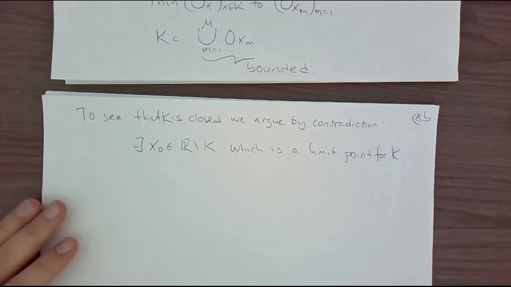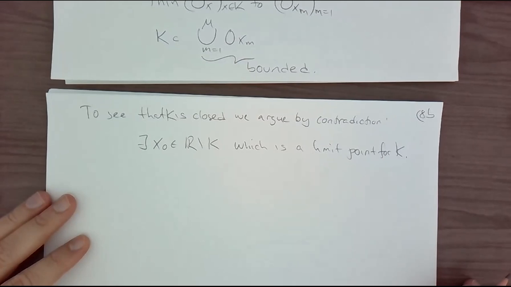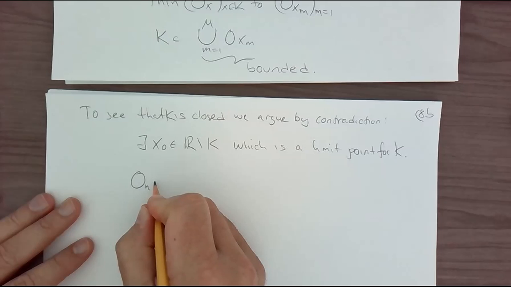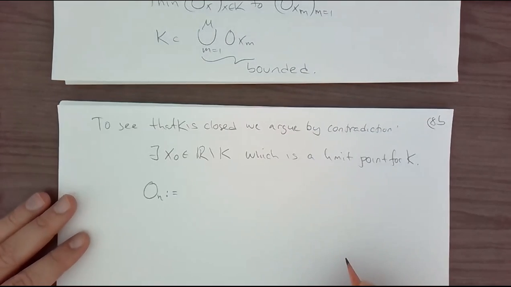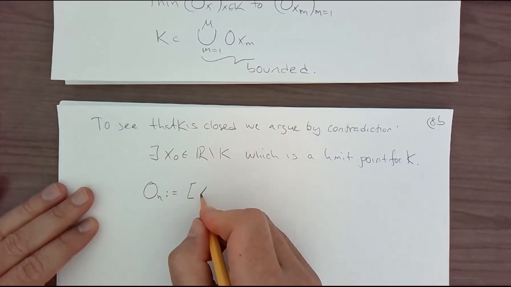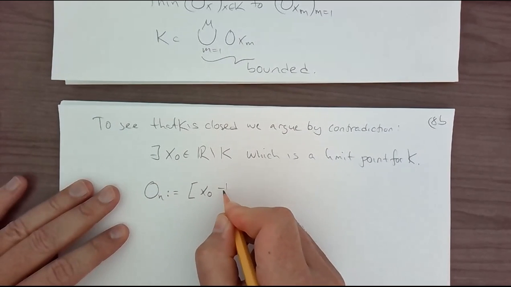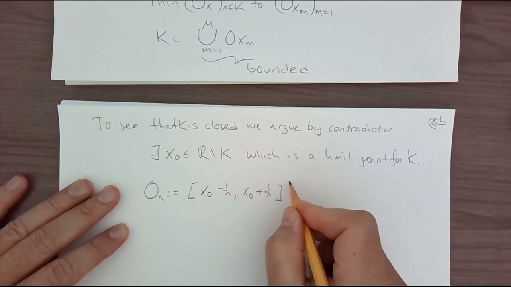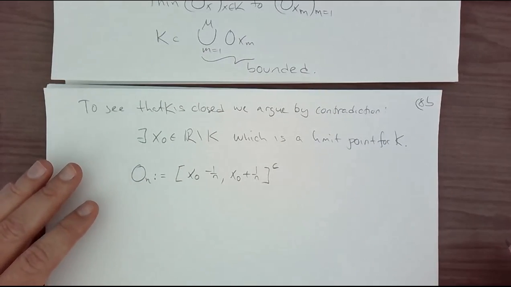The way we're going to go about it is we have to create open sets. And so this time we're going to index them by n. So we're going to look at these open sets. You take the point in question and make it an interval, x0 minus 1 over n to x0 plus 1 over n. This is closed, so I take the complement, and this is going to be open.